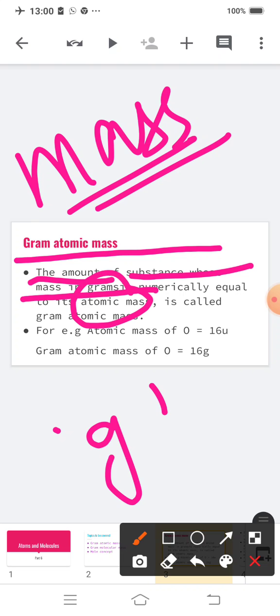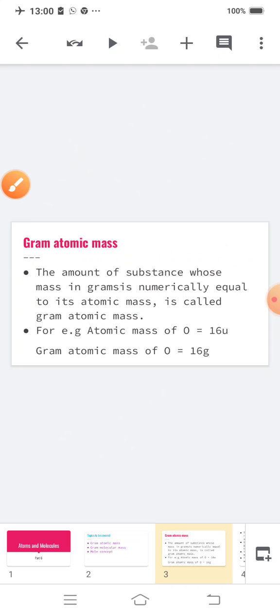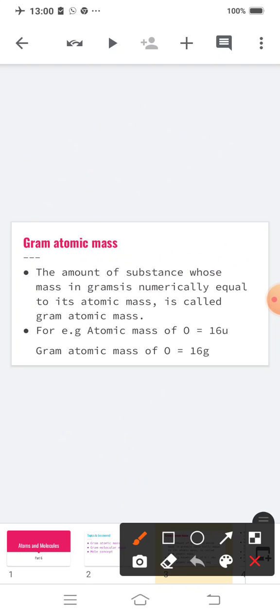So, when your atomic mass is represented in terms of gram, in that case, it is gram atomic mass. In simple language, when you represent atomic mass in terms of gram, that is known as your gram atomic mass. As you all know, what is the unit of atomic mass?